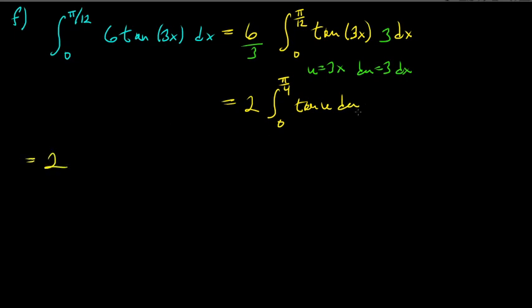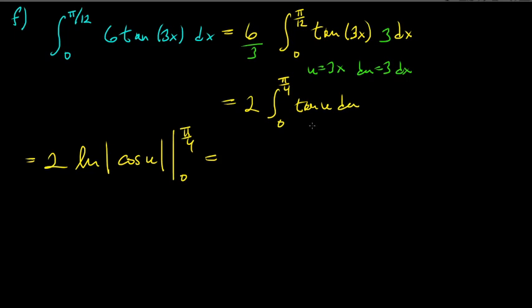Okay, so what's the integral of tangent of u? Right, sine over cosine, so I think it's just going to be natural log of absolute value of cosine of u. Wait, is there a negative?